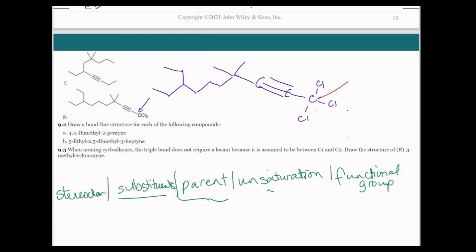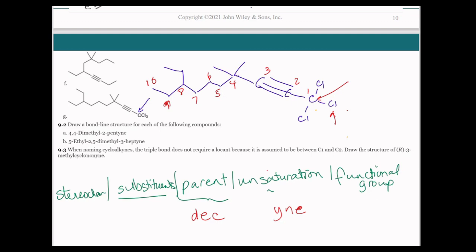So our carbon number 1 is going to be right here, not here. The chlorine doesn't count in that parent chain. So this would be 1, 2, 3, 4, 5, 6, 7, 8, 9, 10. So the longest carbon chain is 10 carbons, so the parent is dec. And we have an alkyne, so we're going to end that with YNE. We don't have any other functional group, so we'll end with YNE.